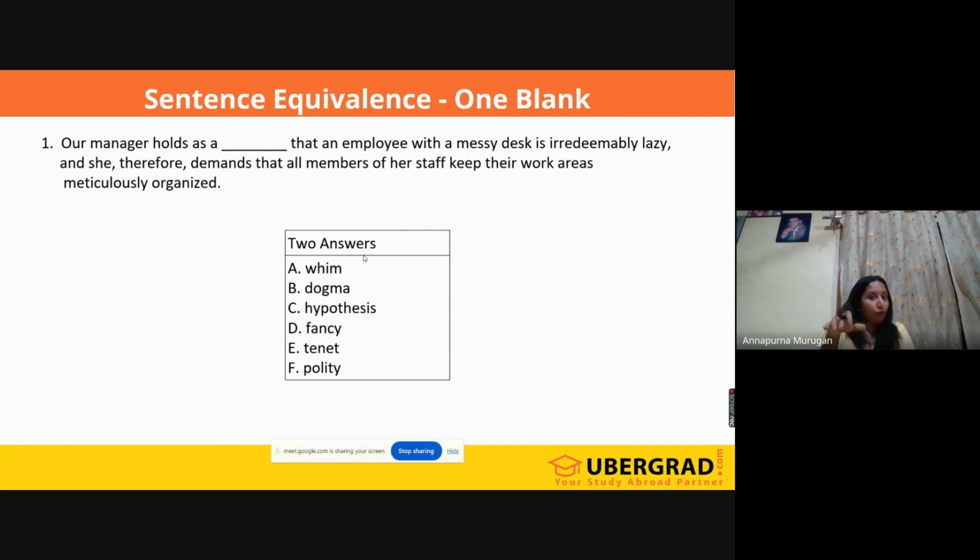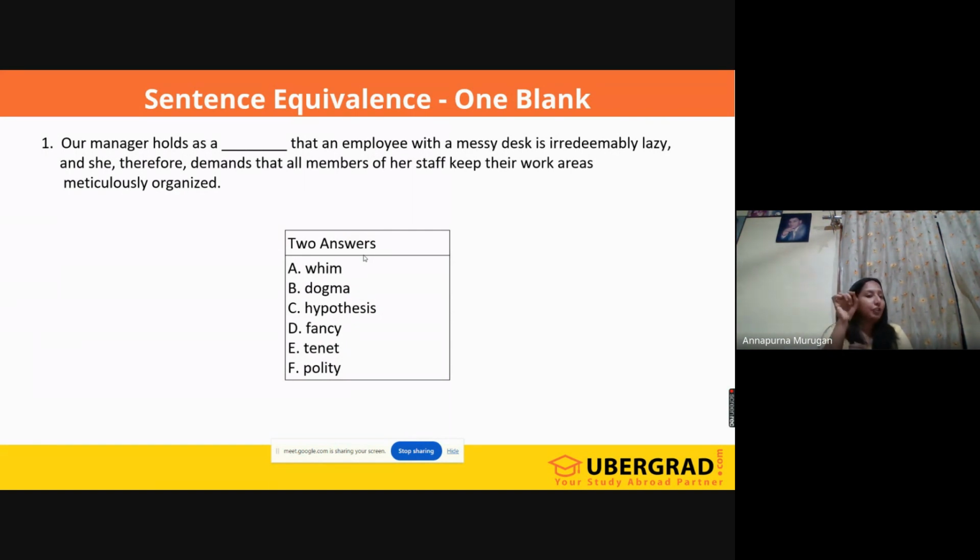And she therefore demands that all members of her staff keep their work areas meticulously organized. That means the manager has some kind of religious belief, some kind of belief, that makes her feel that someone with a messy desk is lazy. So she has a belief.